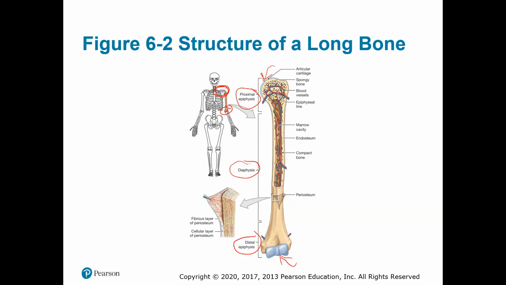Now, the epiphyses are going to be filled with bone that we call spongy bone and blood vessels. And then the diaphysis contains the marrow cavity or the medullary cavity, and it contains compact bone. And the outside layer of the bone is called the periosteum. It has a fibrous layer and a cellular layer.